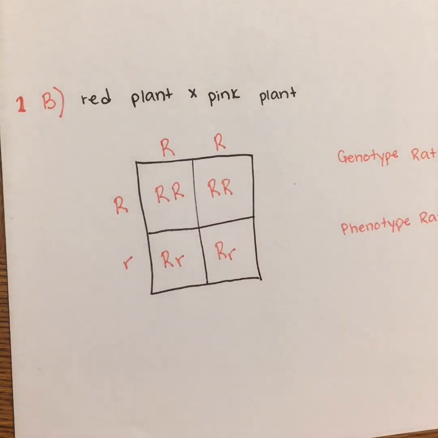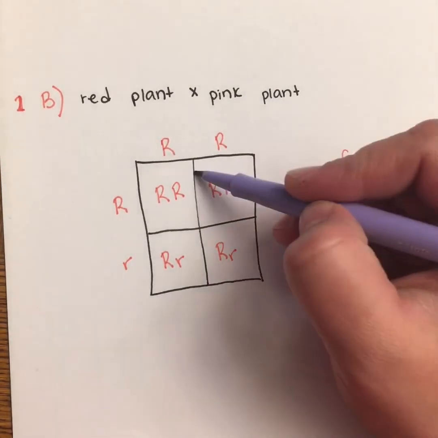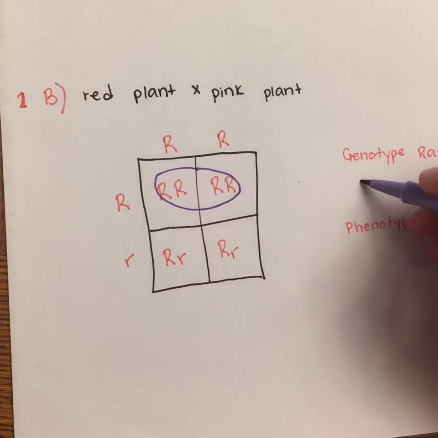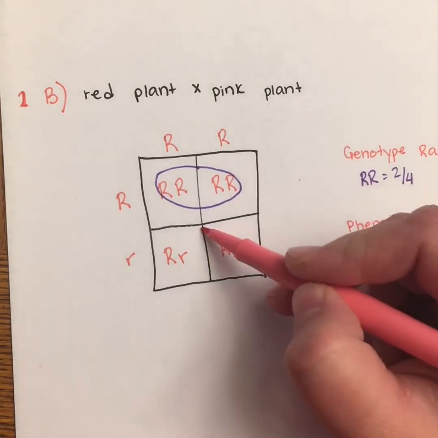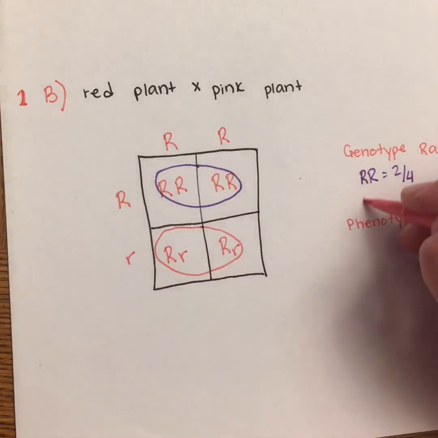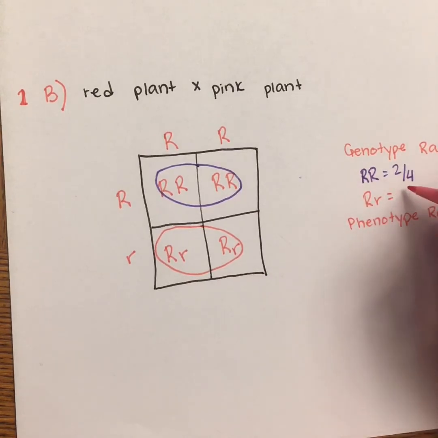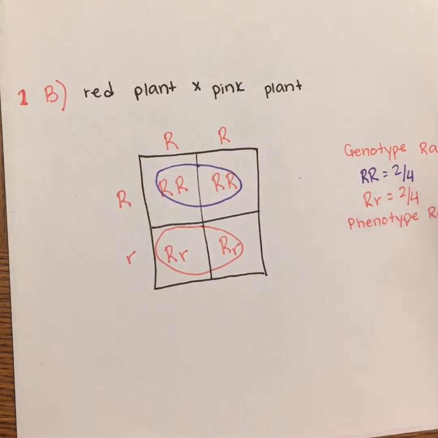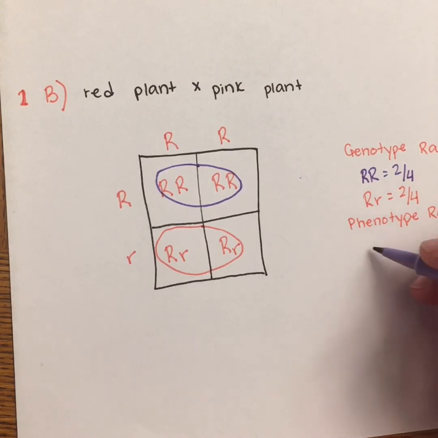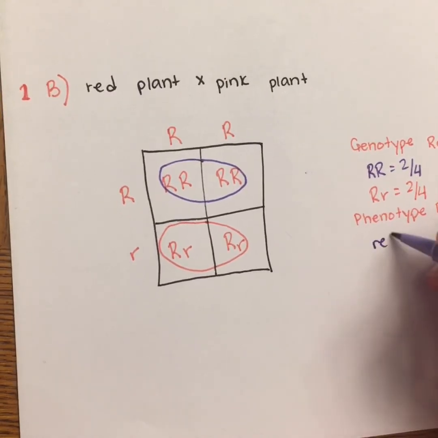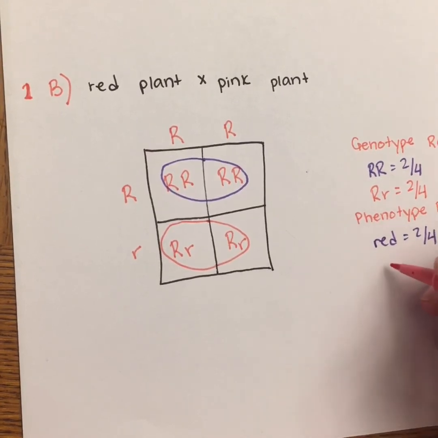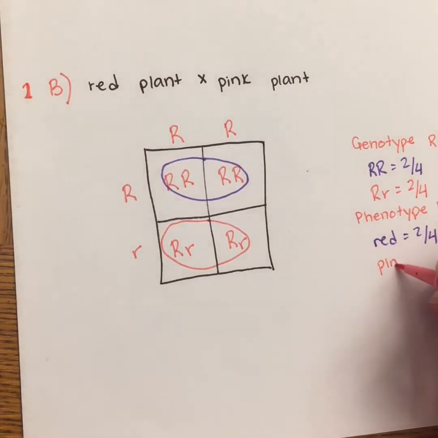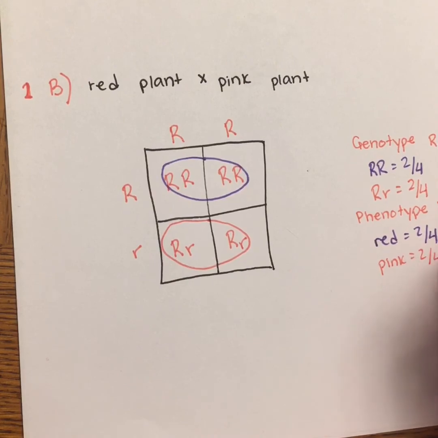In this case, our genotype ratio is going to be 2 out of 4 big R big R, and 2 out of 4 big R little r. So for our phenotype ratios, big R big R means red, again 2 out of 4, and big R little r means pink, also 2 out of 4.